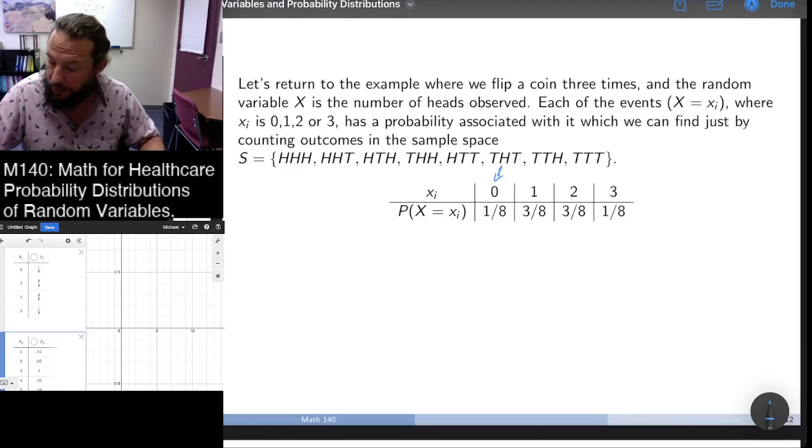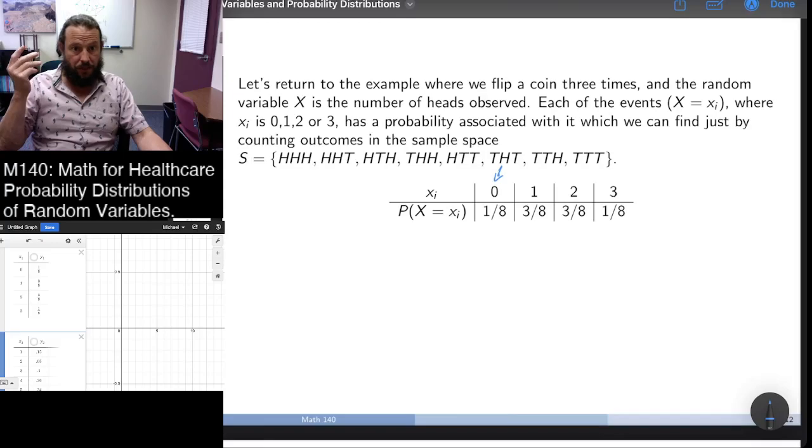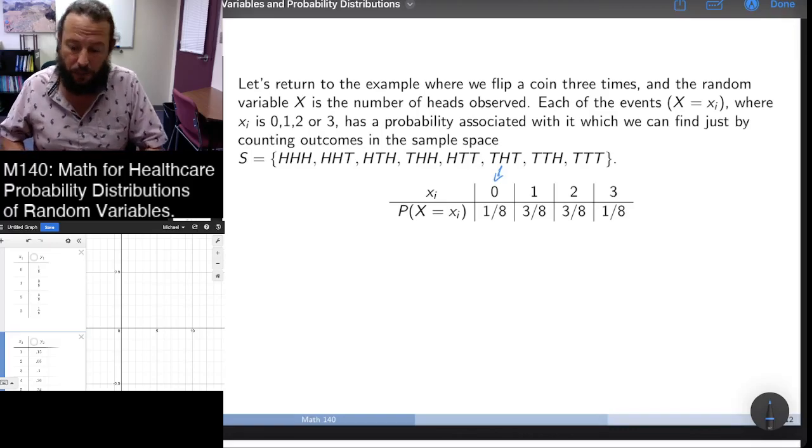And then we put in the appropriate values for our probabilities. The probability of getting 0 heads is 1/8. The probability of getting 1 head is 3/8, and so on and so forth. And you could check for yourself. Obviously, those are all between 0 and 1, and if you add them together, we end up with exactly 1.